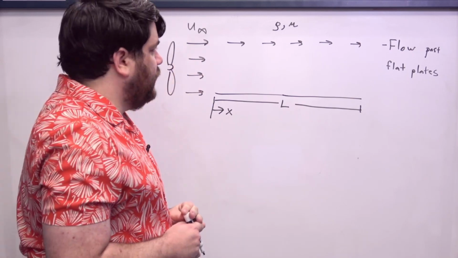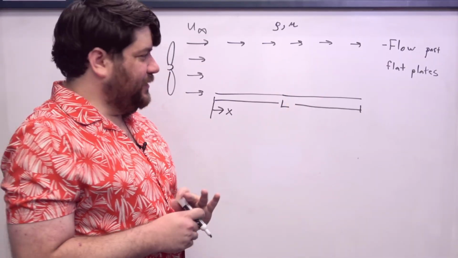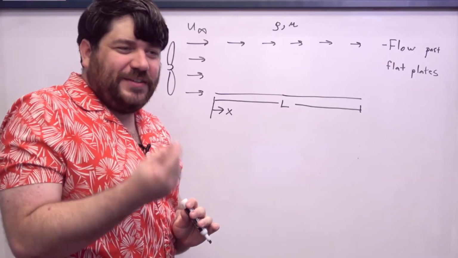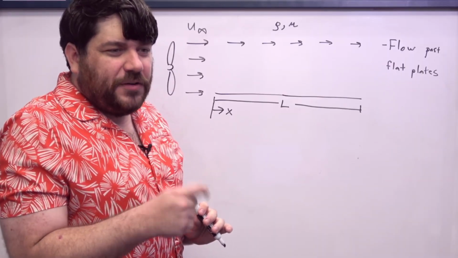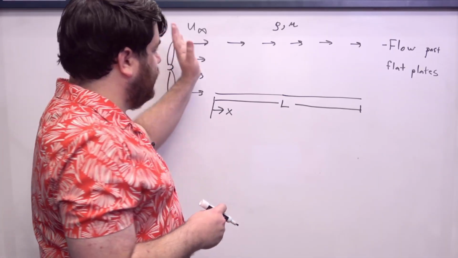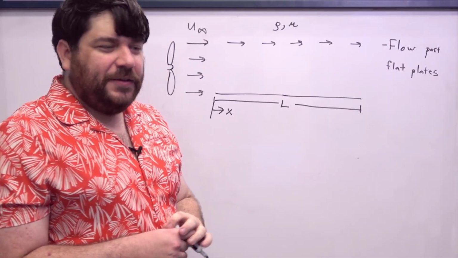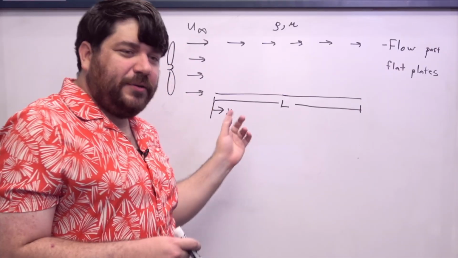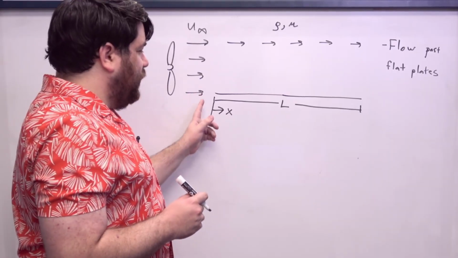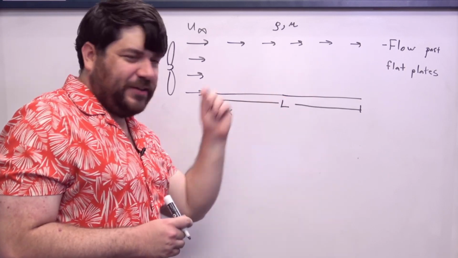And so what we want to do is study how this flow changes, and how we derive specific important qualities about that flow as a function of the properties of the liquid, the speed that the fan is propelling the liquid to, and say the length of the plate, or also where you are on the plate. We might want to study things that happen at specific locations on the plate.